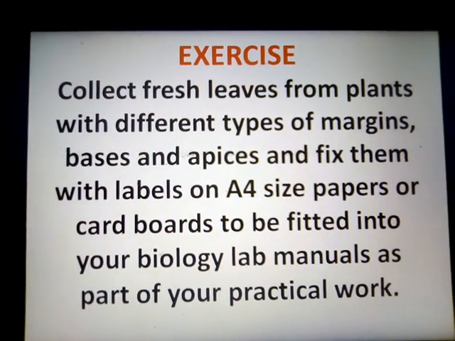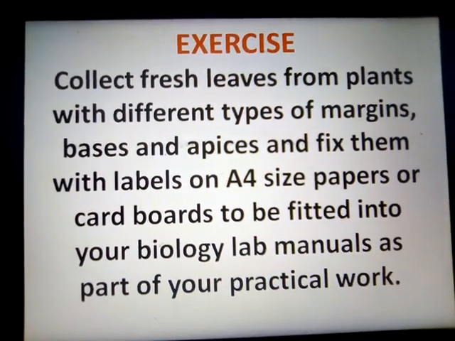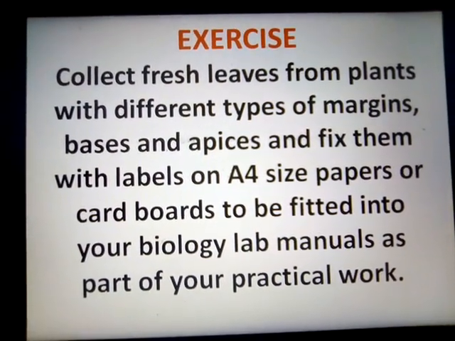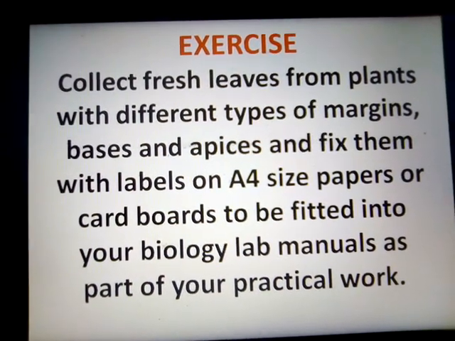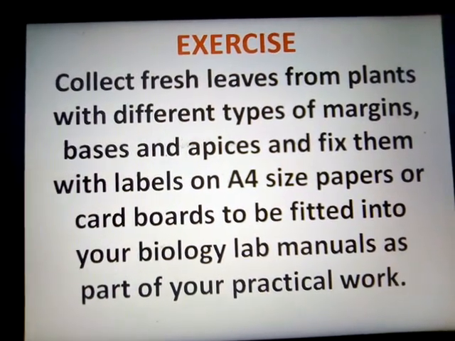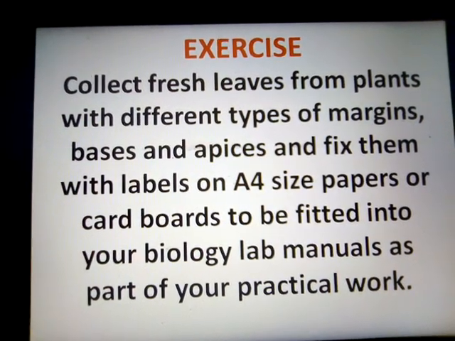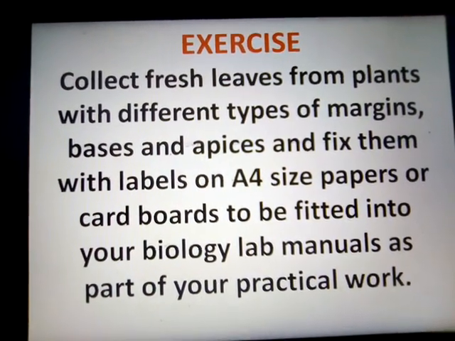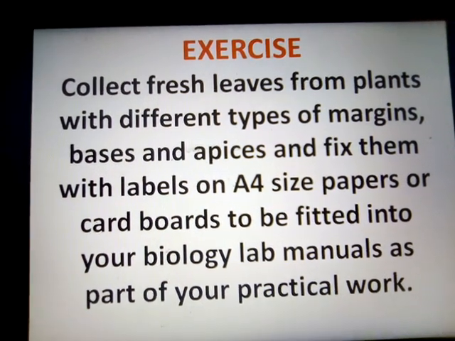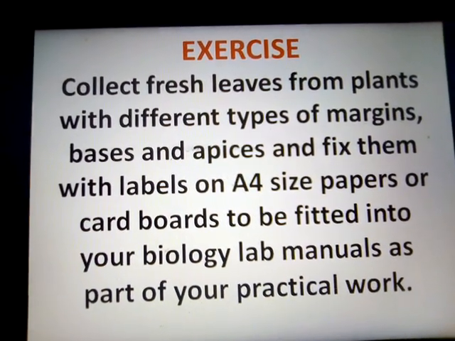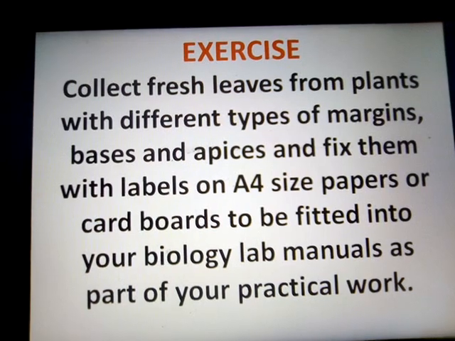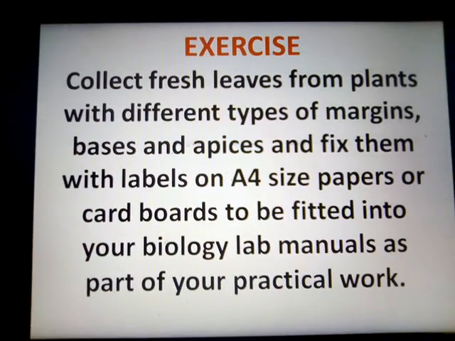Exercise. Collect fresh leaves from plants with different types of margins, bases, and apices, and fix them with labels on A4 size papers or cardboards, which will be fitted into your biology lab manuals as part of your practical work.